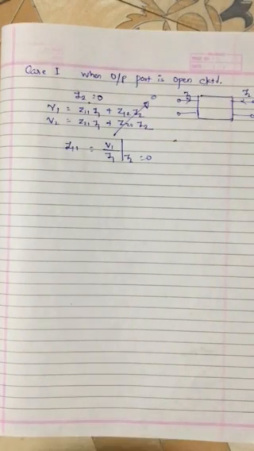Here Z11 is a driving point impedance with the output port open circuited and it is also called the open circuit input impedance.